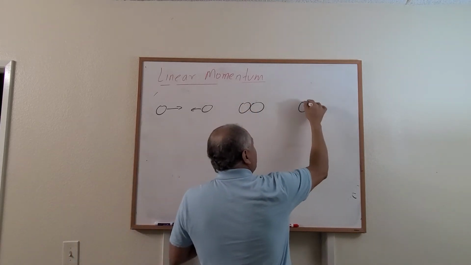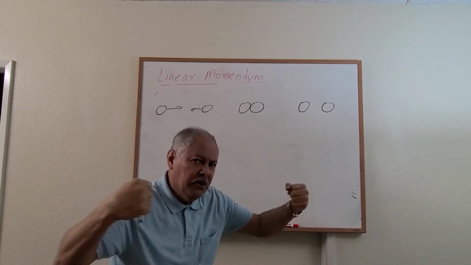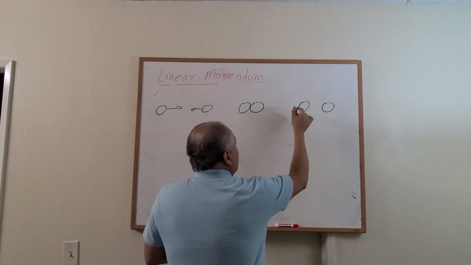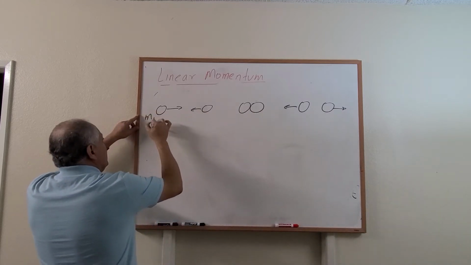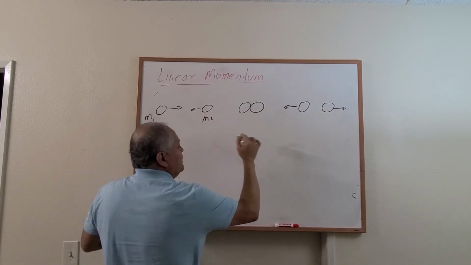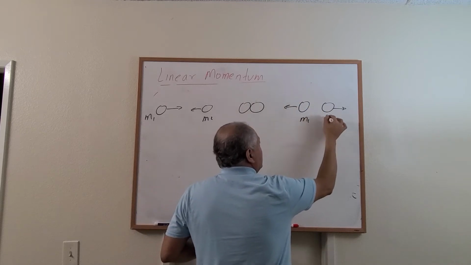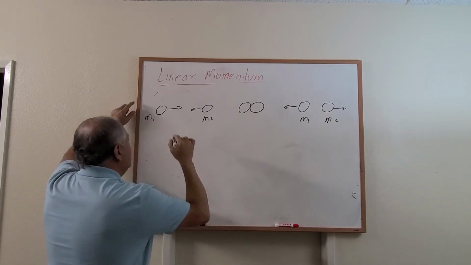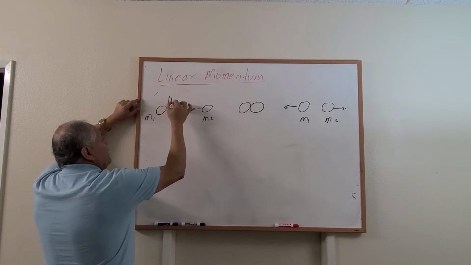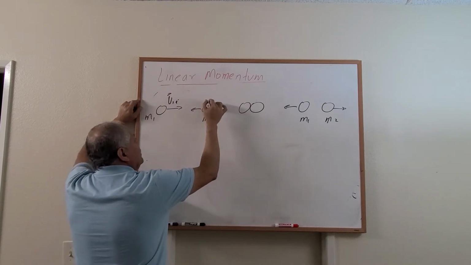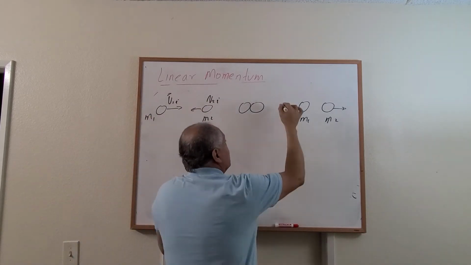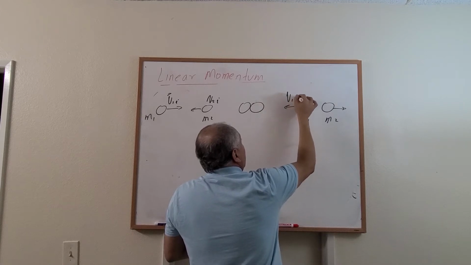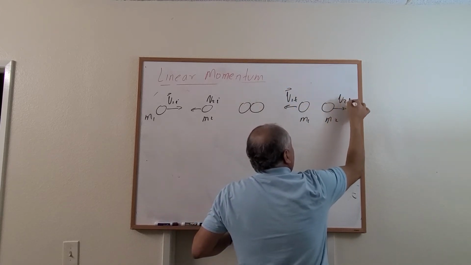And then what happens after the collision? They move away from each other. So right here they're moving away from each other. And the same thing, this is M1, this is M2, this is M1, this is M2. This is the initial condition: initial velocity of particle 1, initial velocity of particle 2. The same thing happens right here, but now this is the final: final velocity of particle 1, final velocity of particle 2.